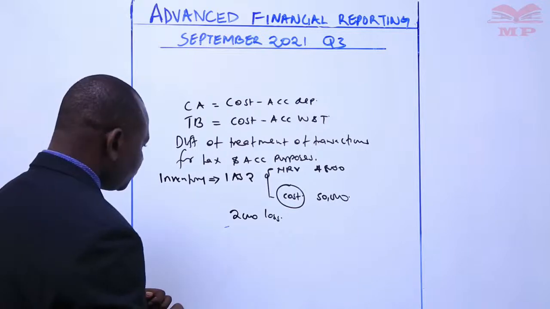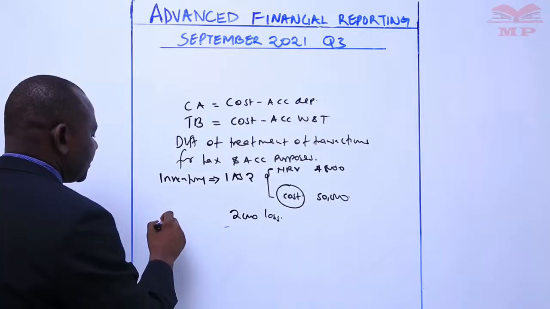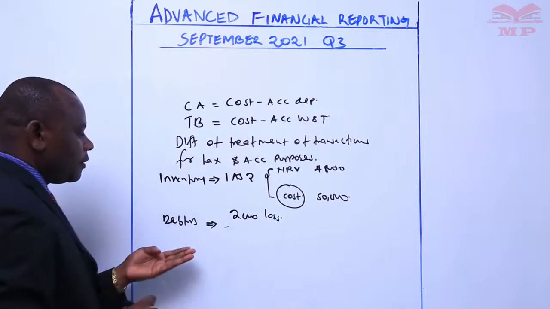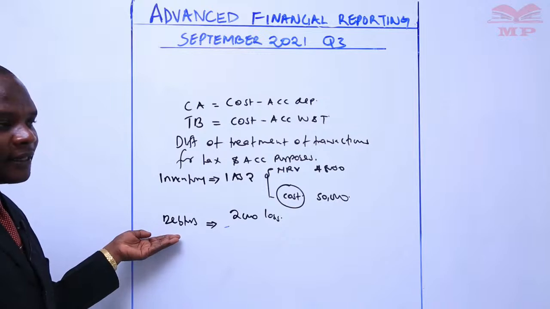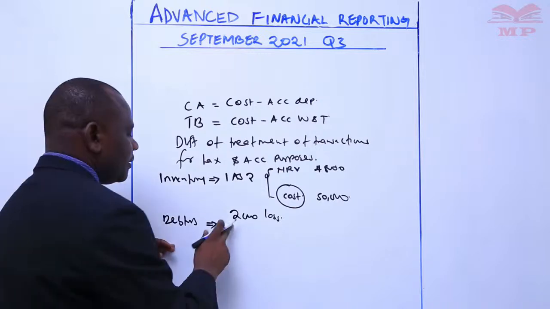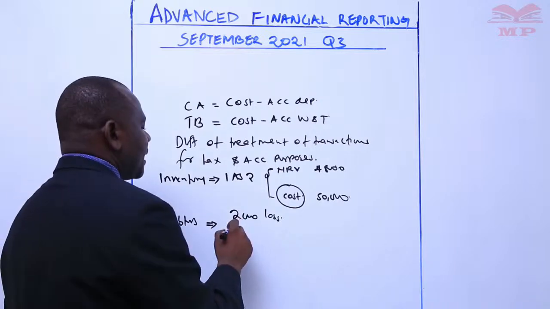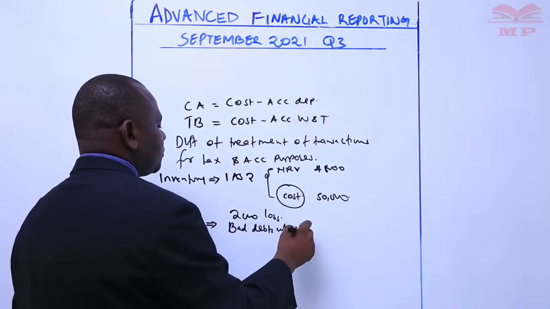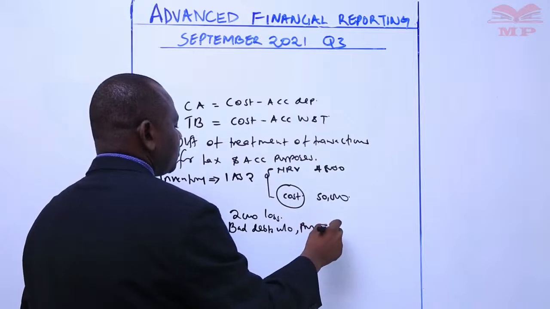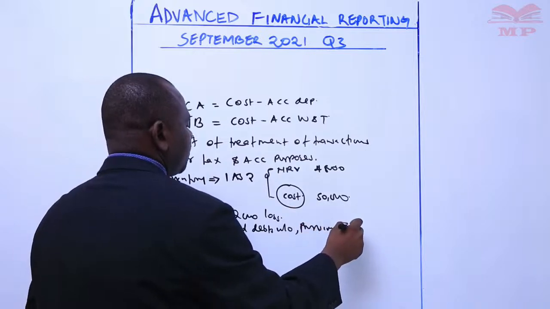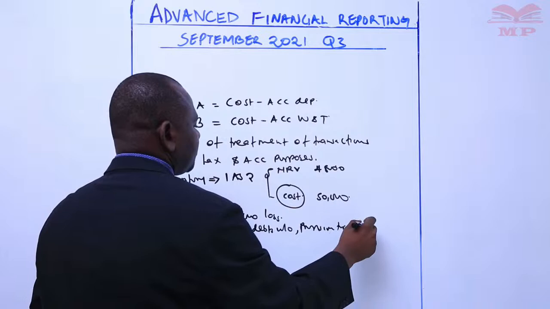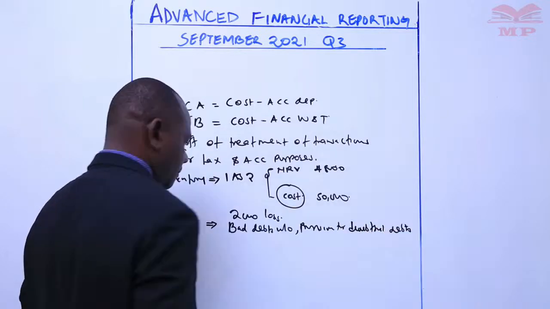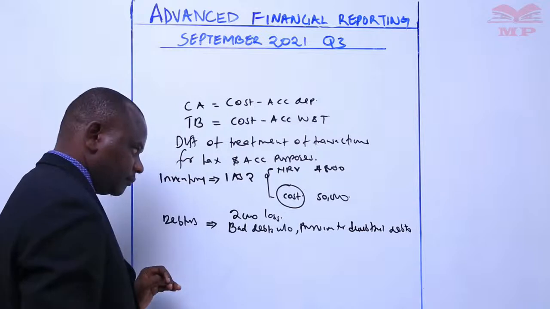Let's talk of debtors. When accounting for debtors, we normally consider bad debts written off, provision for doubtful debts, and even discount allowed.